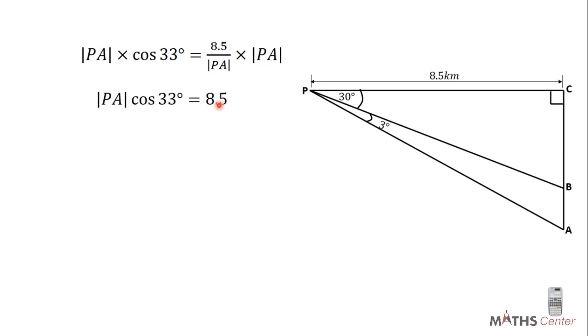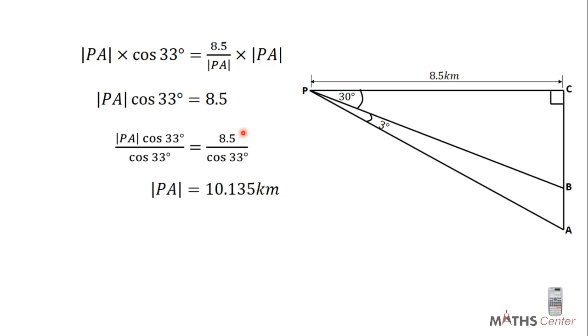From linear equations, we know that we have to divide both sides by cos 33. So we divide the left hand side by cos 33, we divide the right hand side by cos 33. And this one will cancel this, you get PA. If you find 8.5 divided by cos 33 on your calculator, and you correct your answer to 3 decimal places, you are going to have 10.135 kilometers.